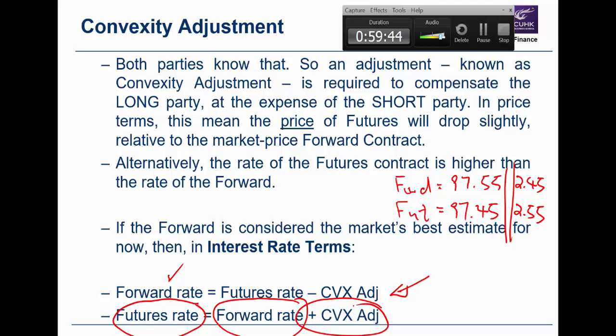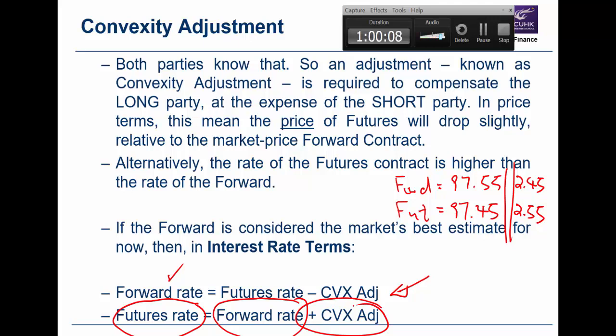Are you with me? Another example, by the way, is CMS, which we talked about last time. But that's not really in the course. But if you are interested, even in the Hull book, there's a derivation of CMS convexity adjustment.